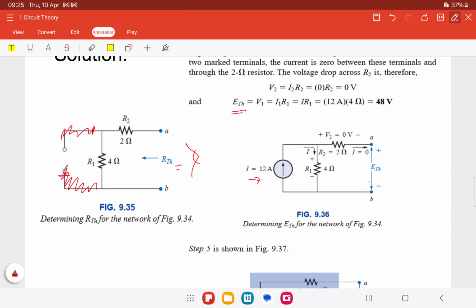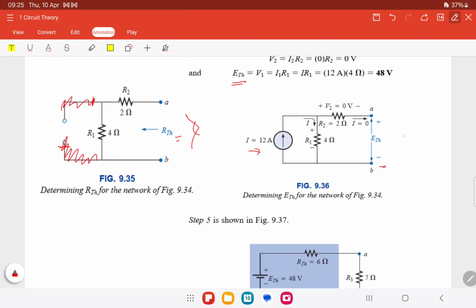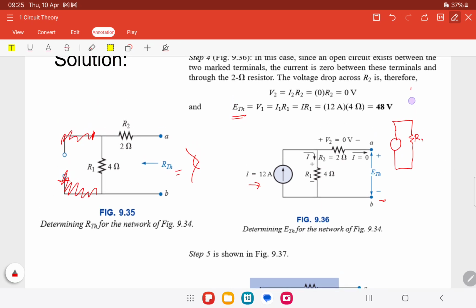Okay, so now the VTH, kalau saya nak lukis macam ni, okay, this is R1. This is R2.